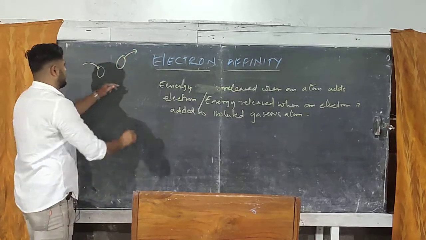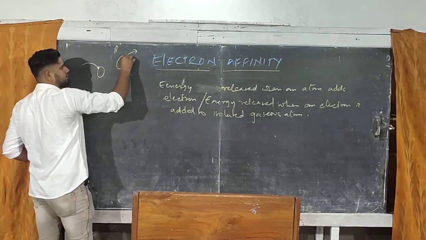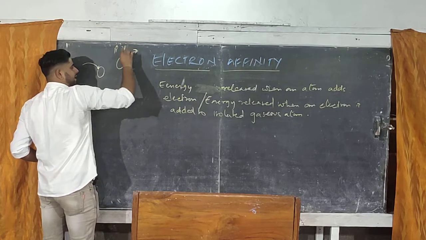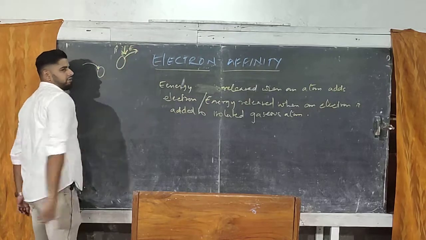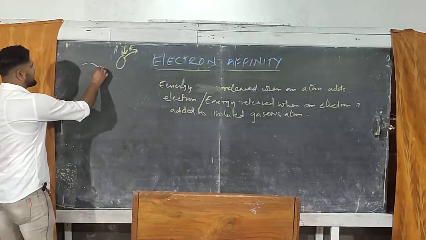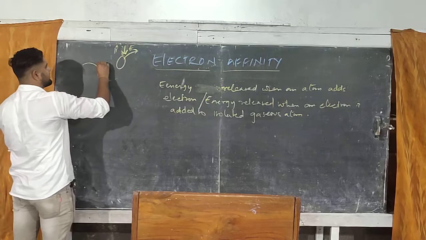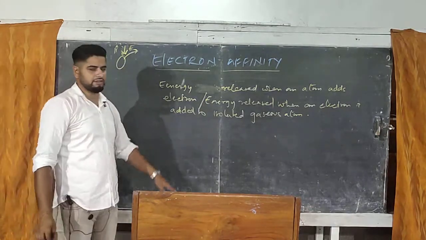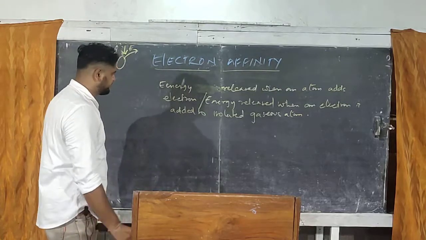In ionization potential, IP, an electron is removed and energy is required. Energy is required to remove the electron. Now once the electron is added to the system, there is a release of energy. So this energy is called electron affinity. Simple. Got it?